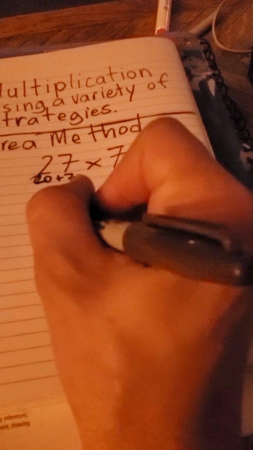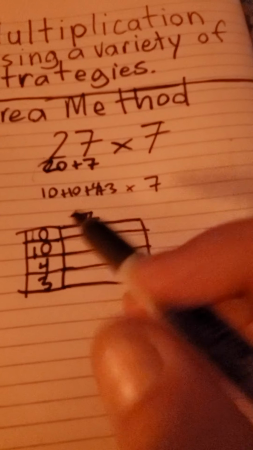We'll have our 7 up here, and then we'll have our 10, 10, 4, and 3. And then we can all do this.